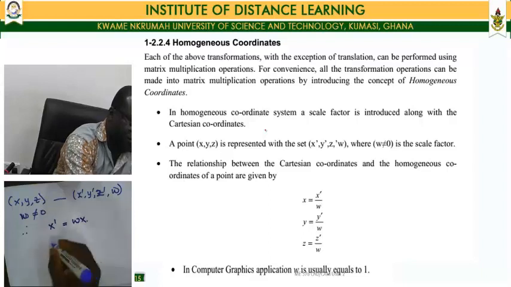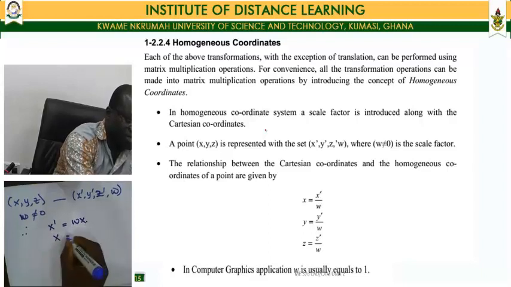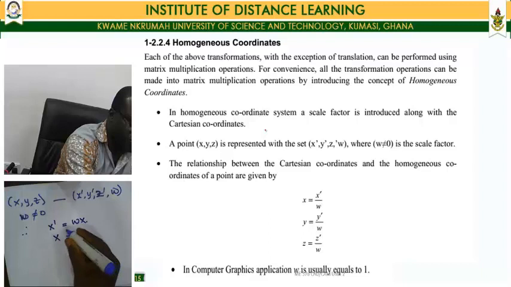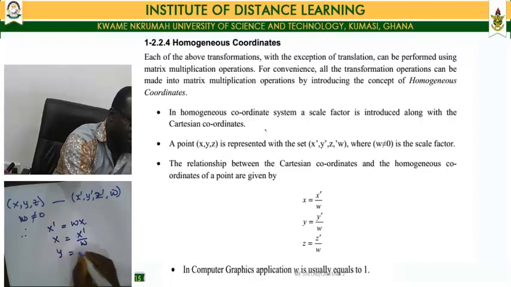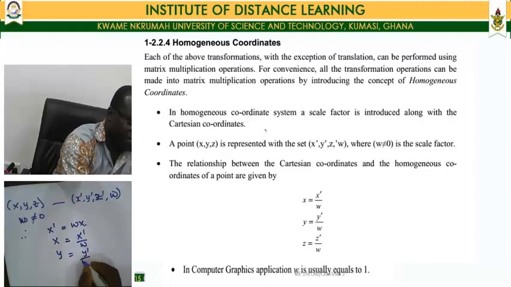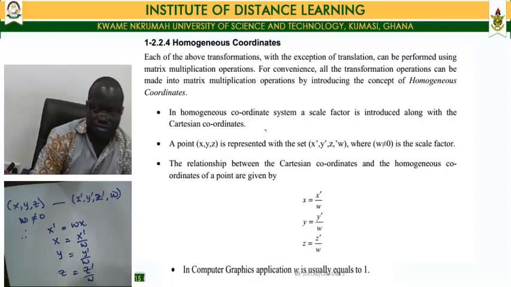In other words, x should be seen as x prime over omega, then y prime over omega, z prime over omega.